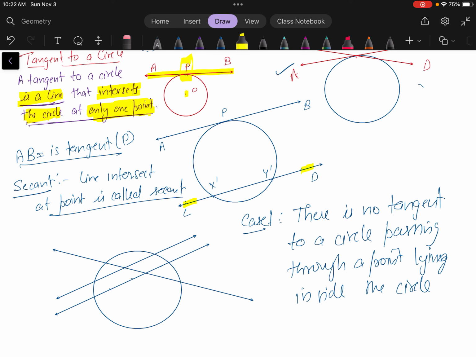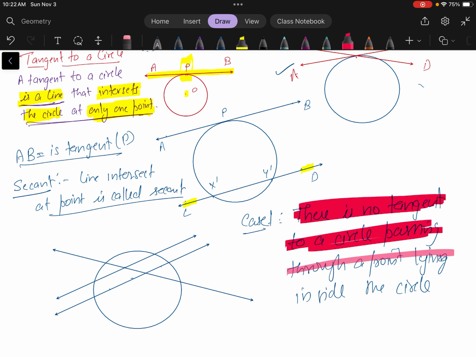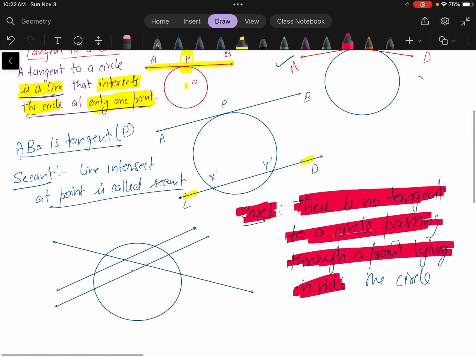So what I'm trying to highlight is that whatever the line, there is no tangent to a circle that is passing through a point lying inside the circle. Clear? This is case 1 that we discussed here.